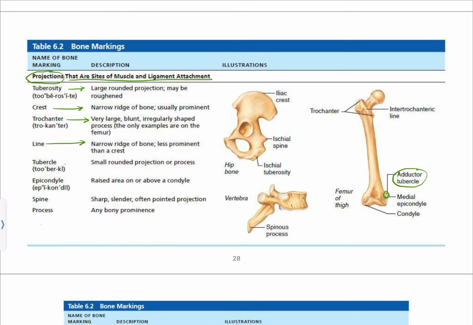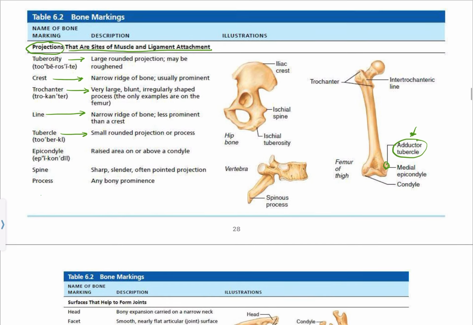If you know that a tubercle is a small rounded projection or process, now you know what to look for over here. So this will help you in lab, but again, you do need to know what each of the projections can be described as. And then in lab, you have to identify the specific name of each projection.